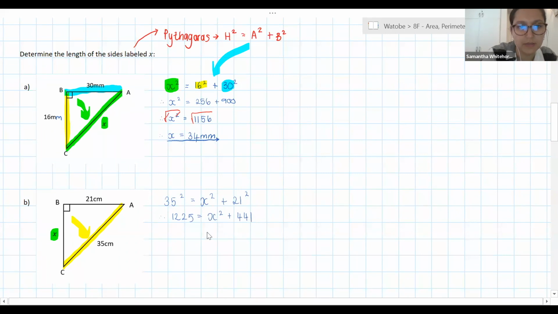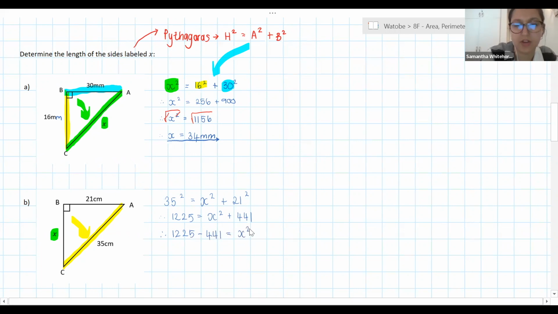And now we want 441 to go to the number on the left-hand side. So we're going to minus it with 1225 on the right-hand side and the left-hand side.